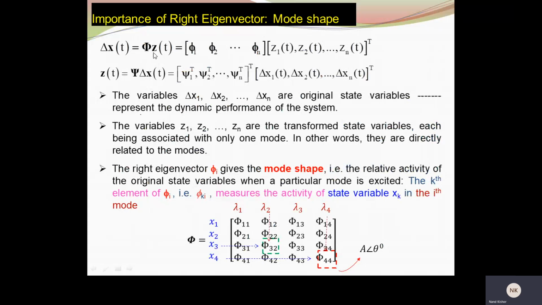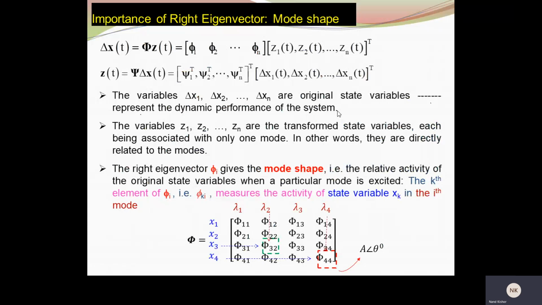From the previous relationships, we had delta x(t) written in terms of these terms here. Now these variables, delta x1, delta x2, delta xn, are the original state variables, and they represent the dynamic response of the system.